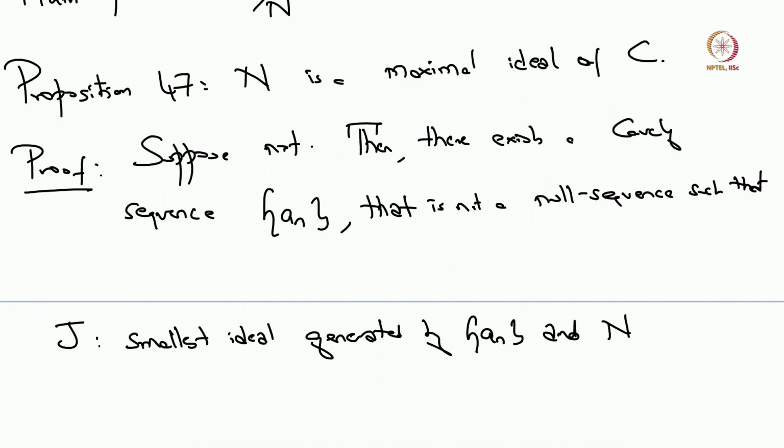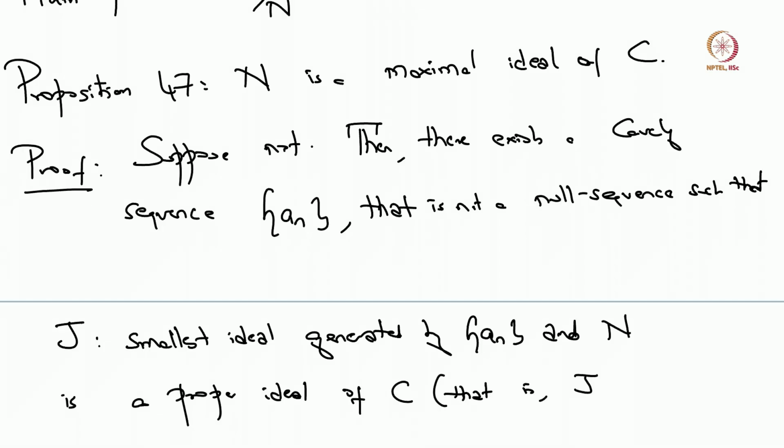So this ideal J is a proper ideal of C, that is, J is not the whole of C. Okay, so suppose for the sake of contradiction that n is not a maximal ideal, you've got this Cauchy sequence a_n that is not a null sequence, with the property that if you look at the ideal generated by n and this non-null sequence, you get a proper ideal.